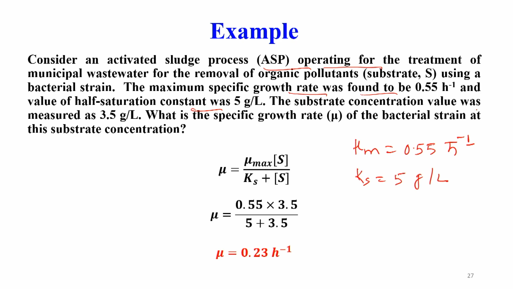The substrate concentration was measured to be S equals 3.5 gram per liter. Then we have to find the specific growth rate of the bacterial strain at this substrate concentration. We can directly use the equation mu equals mu max S divided by Ks plus S. All the parameters are given here, and we will get the value of 0.23 hour inverse.